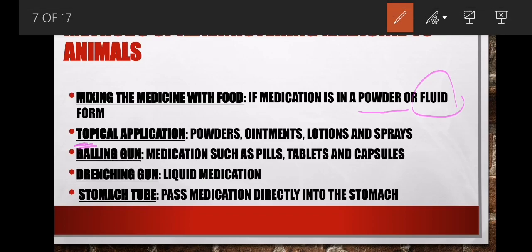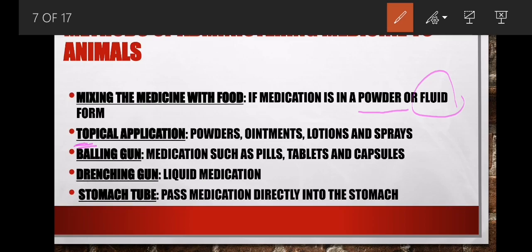If we say it's topical application, we are simply saying in this method of applying medicine, we apply the medicine on top. Hence we say it's topical. So we apply the medication on top.